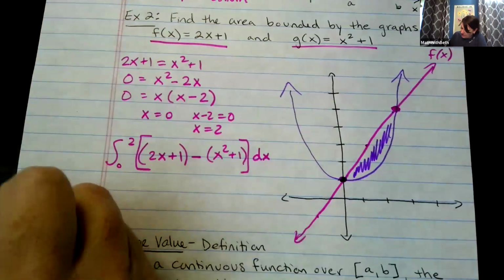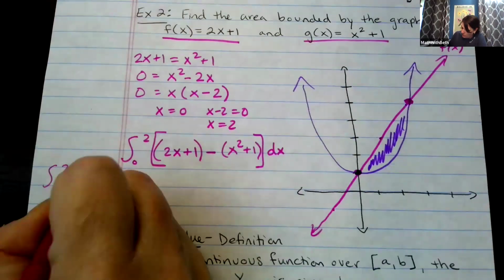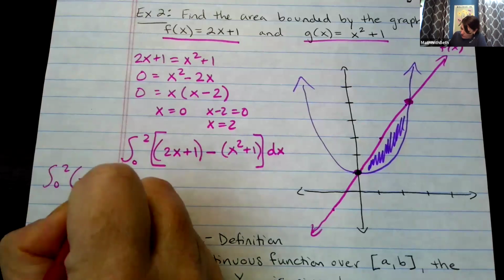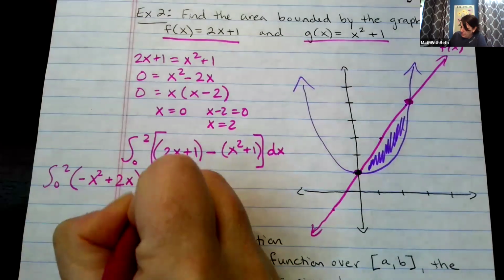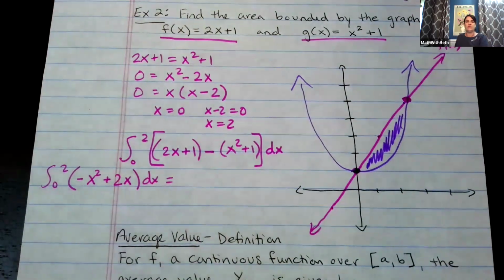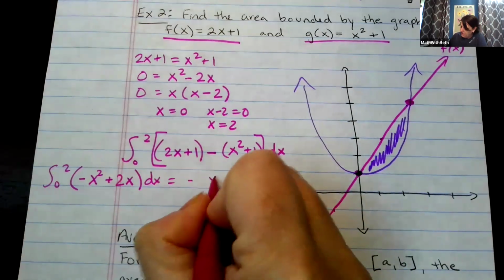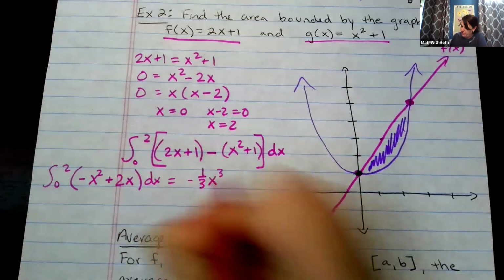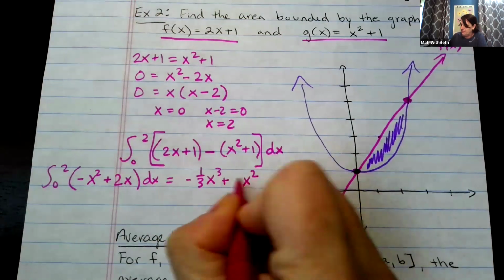First I'm just going to make this nicer. I'm going to reduce inside there before I do any real work. So I'm going to put it in order. Again, the ones ended up wiping out. So I only really have to do the antiderivative of this. That would give me negative x to the third divided by 3 plus 2x to the second divided by 2.